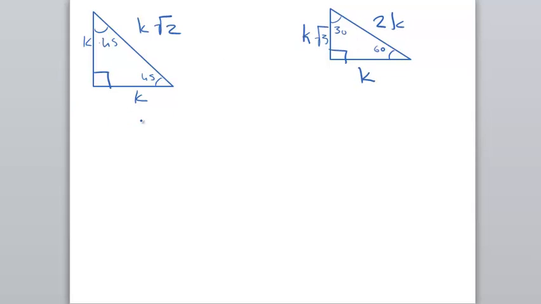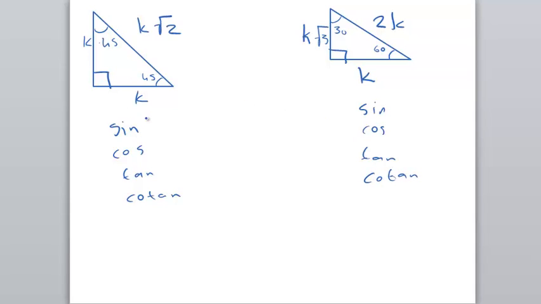So what if we convert it into sine, cosine, tan, and cotangent? In here also sine, cosine, tan, and cotangent.